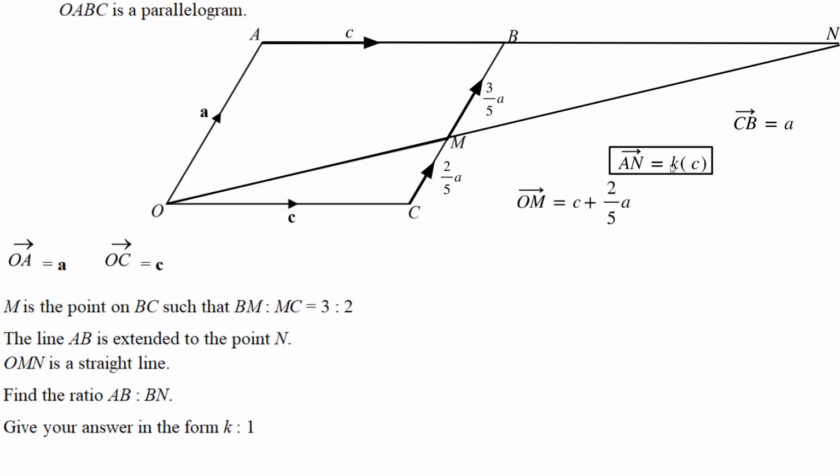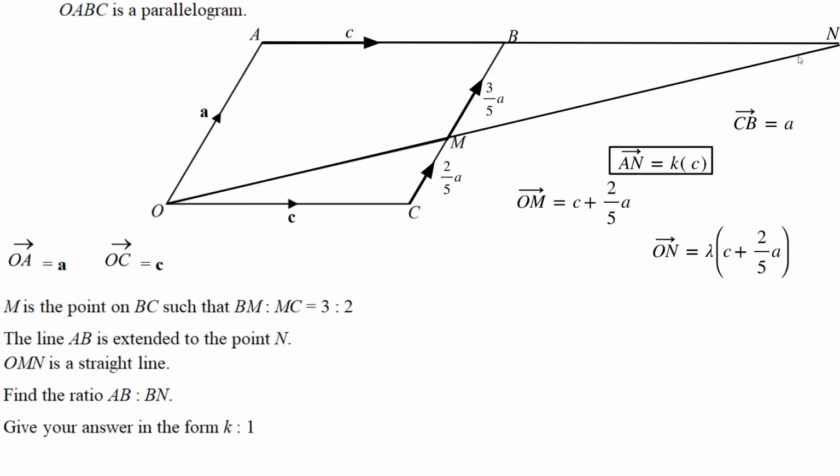Now we need to find a different way from A to N. So we consider that A to M is c plus 2/5 a. And I'll tell you why this is useful: if we know what A to M is, we can figure out what A to N is, because it's just going to be this line multiplied by some scalar multiple, which we can call lambda. Okay?